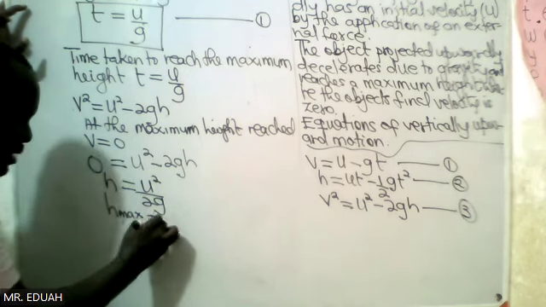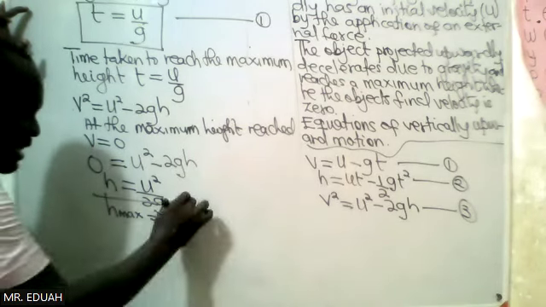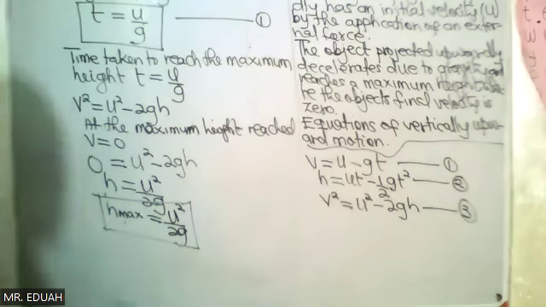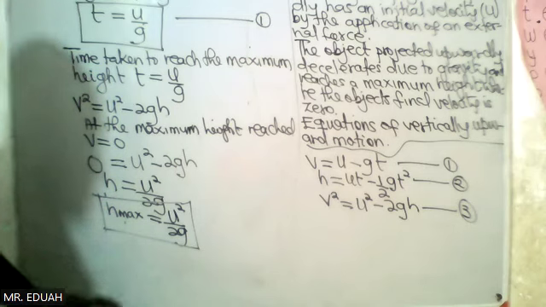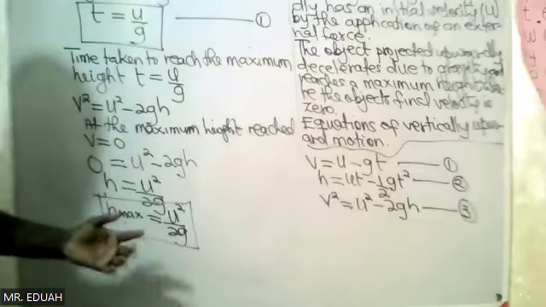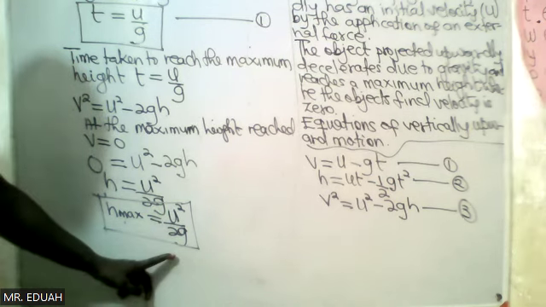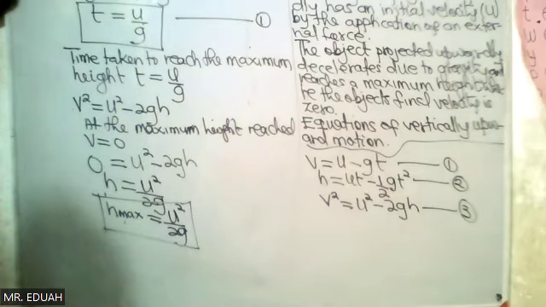So h maximum is equal to u squared over 2g, and this is the expression for the maximum height. So in a question, when a body is projected vertically upwards and I'm asked to calculate the maximum height, I just square the initial velocity and divide it by 2 times g. I have the maximum height. So that is another standard formula.